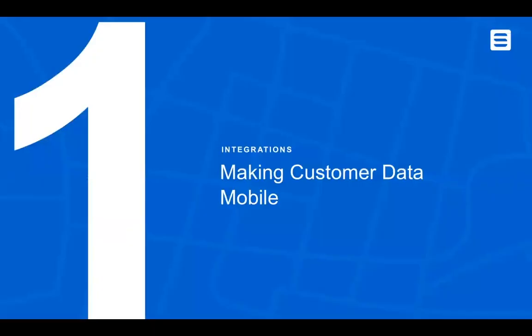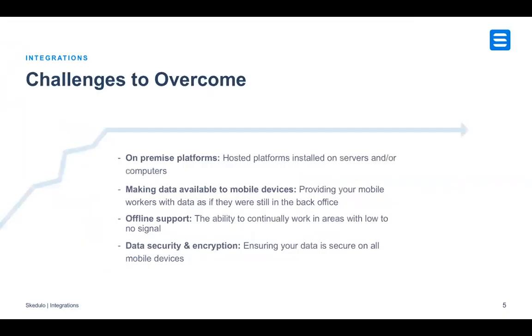So the first topic here is really around making customer data mobile. A few of the key challenges that a lot of our customers and prospects really have are around aging technology and how to handle on-premise systems that might be very complicated and very embedded in your businesses, and how to get that data online and able to be made available to mobile devices, which are typically online, as I mentioned.